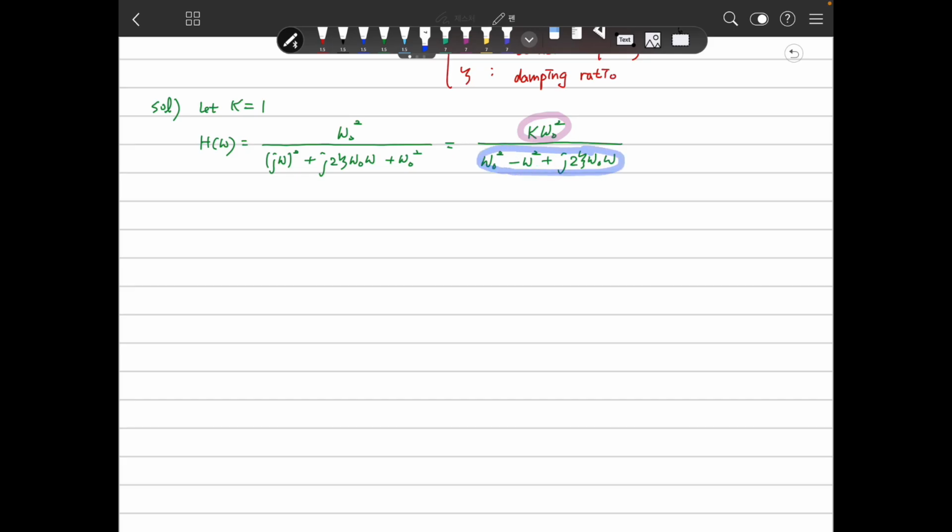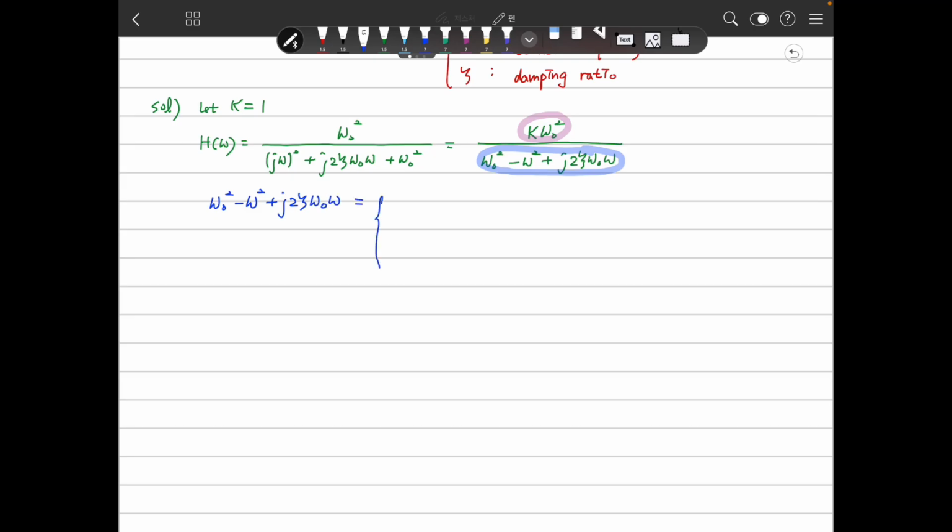So to draw the Bode plot, we need to simplify the denominator here: omega 0 square minus omega square plus j2 zeta omega 0 omega.